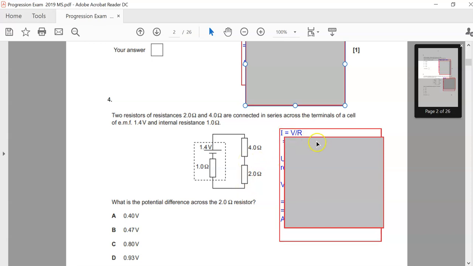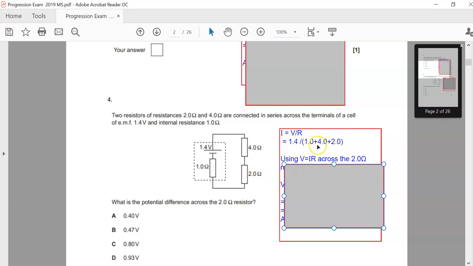So we start off with Ohm's law, and then we can say, right, well, we know that the current in the circuit will be the EMF divided by the total resistance, which is 1 plus 4 plus 2. And then if we use that same equation, but this time across the 2 ohm resistor, we're going to multiply the current by the resistance.